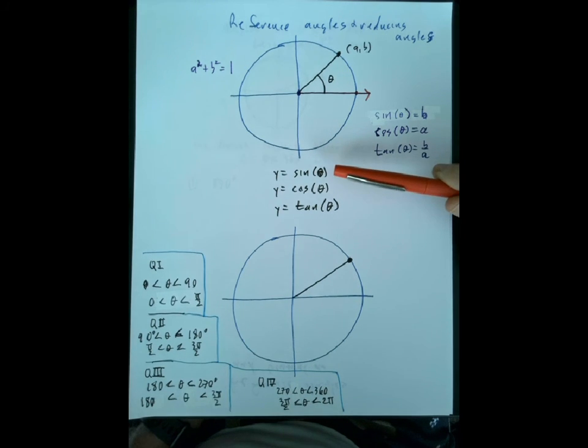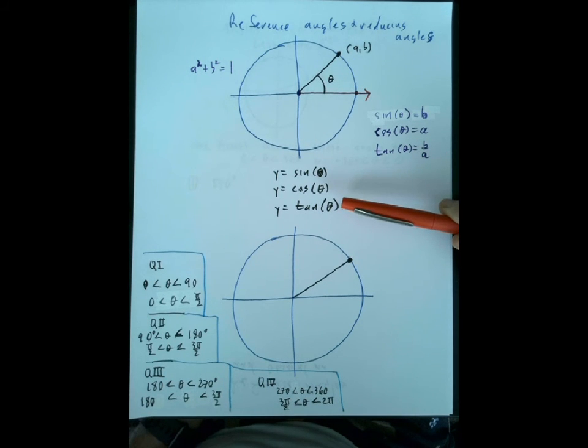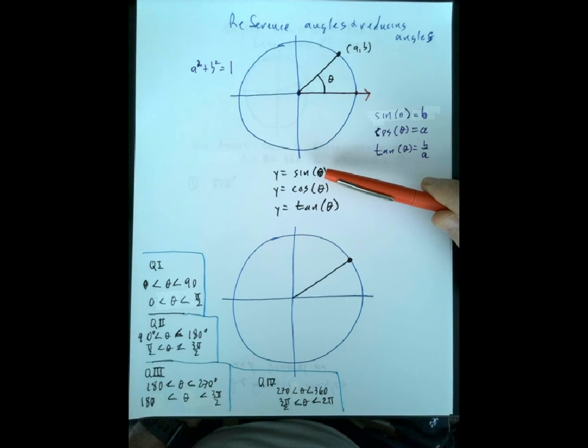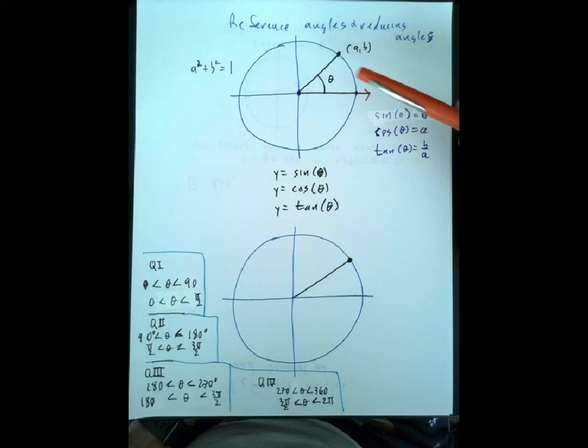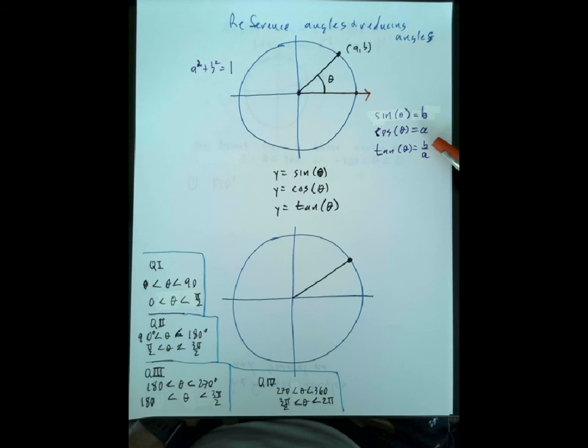Now, typically this is how the functions are written out, where theta, the angle, is the input of the function, and the unit circle value, the A, the B, or the B over A, is the output, what we'd call the y. This is why we don't want to get confused about what's x and what's y.